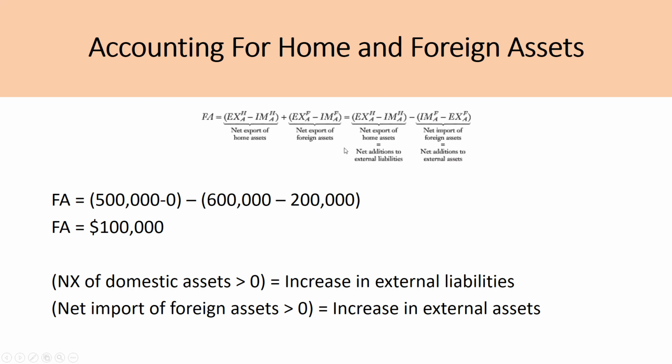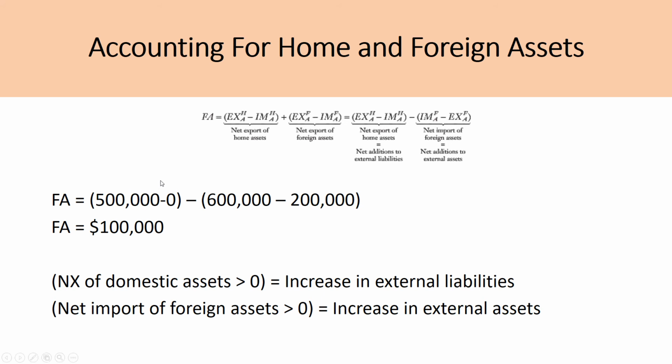We have our net additions to external liabilities minus the net additions to external assets. Don't even focus on the other side of the formula, that complicates things. The financial account simply equals the net additions to external liabilities minus the net additions to external assets.